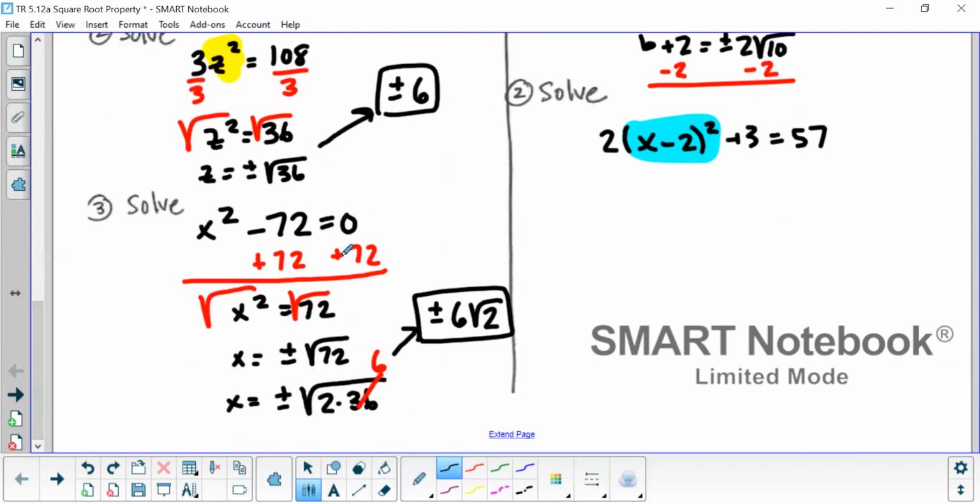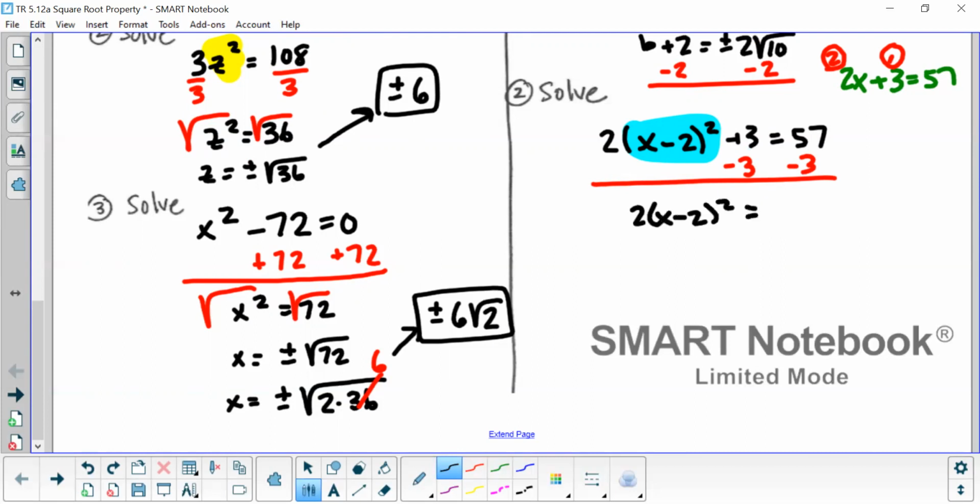And just like regular equations, if I just had this regular equation and I was solving for x, I would take care of the plus 3 first, and then I would do the division by 2. The same idea works here with the binomial that I highlighted. I'm still going to undo the plus 3 first, so I subtract 3 from both sides, leaving me 2 times x minus 2 squared equals 54.